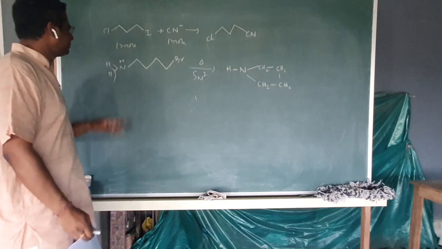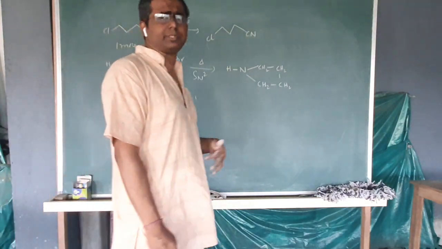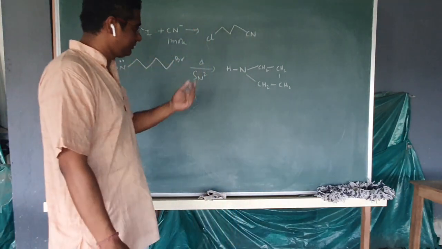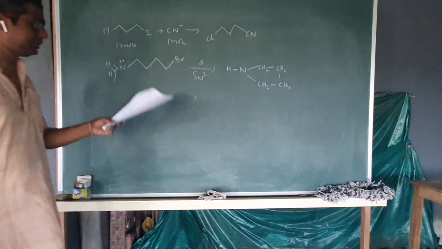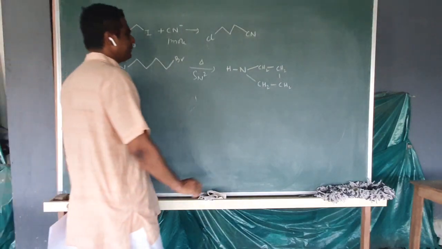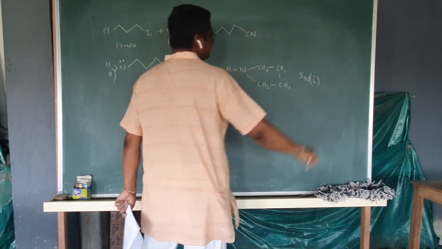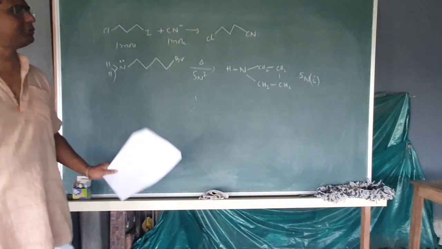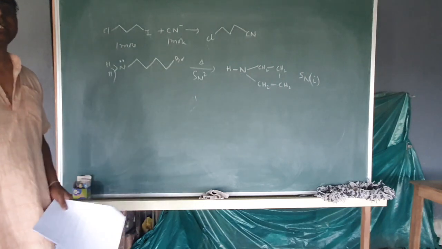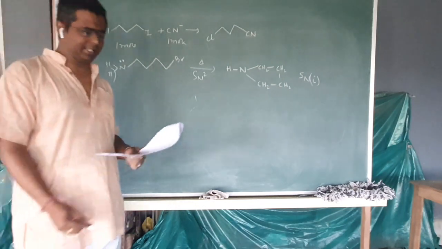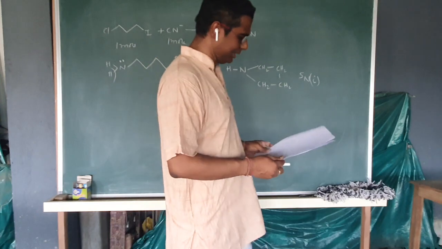Why can't it? This has electrons, man. Substitution nucleophilic, simple. This is the answer. So this is basically an SNi type reaction. We have discussed it somewhere earlier. SNi type, that is basically substitution nucleophilic intramolecular. Intramolecular, not intermolecular.